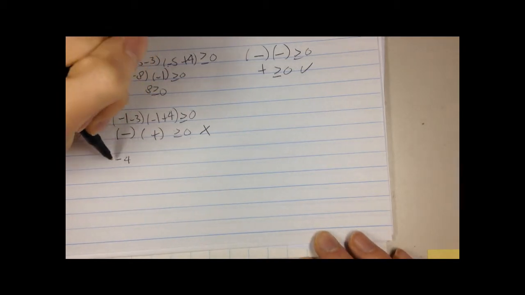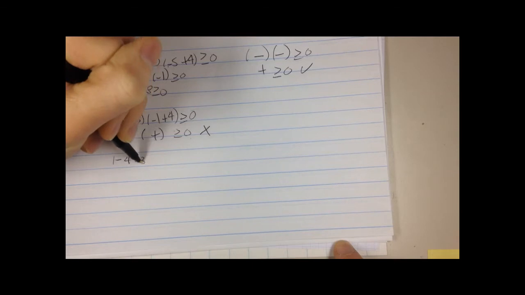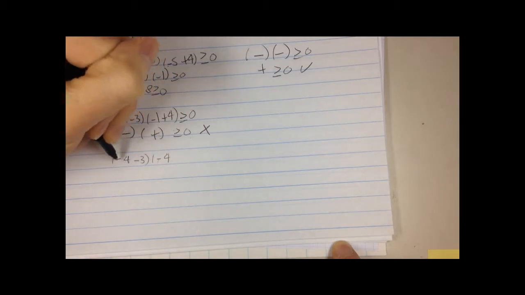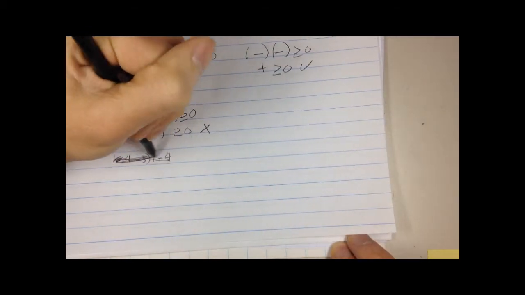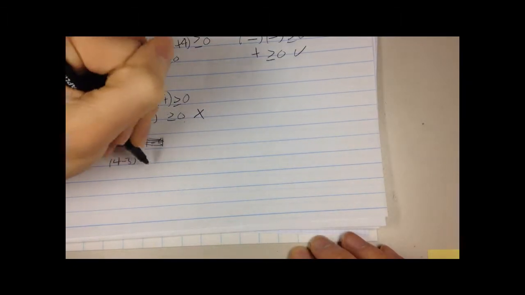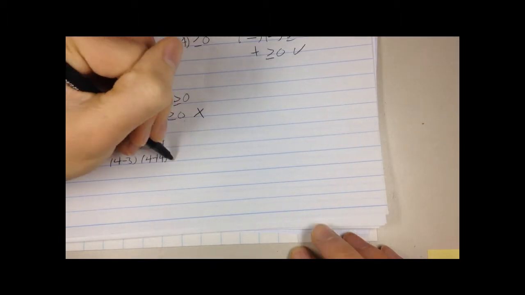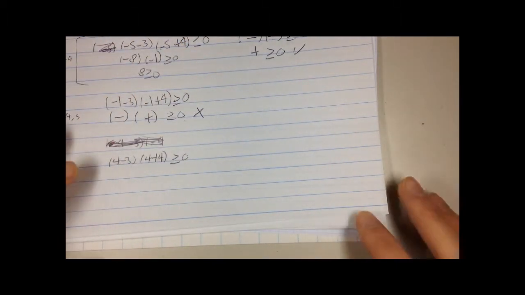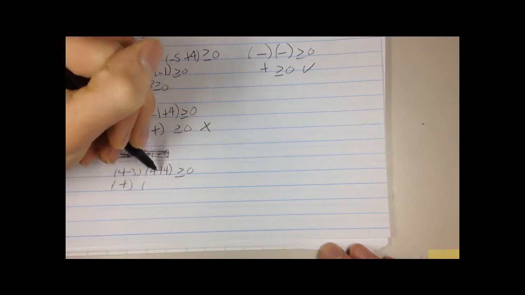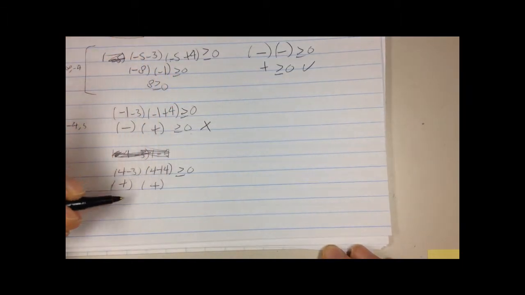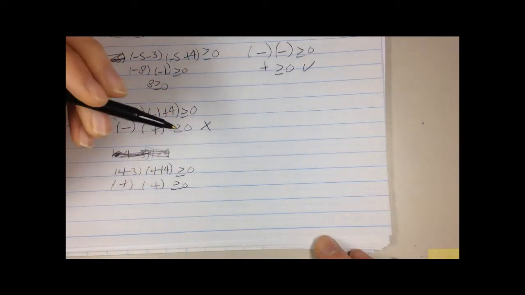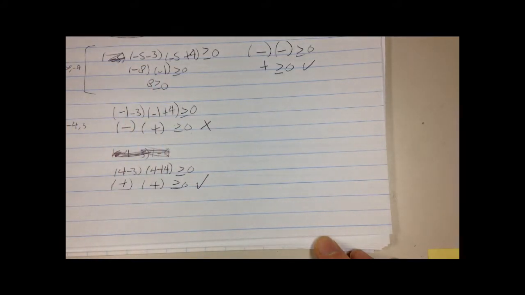So this is going to be 4 minus 3, and 4 plus 4, greater than or equal to 0, and this first number is going to be positive. This next number is also going to be positive, and a positive times a positive is always going to be a positive number, and any positive number is greater than or equal to 0, so that will work.